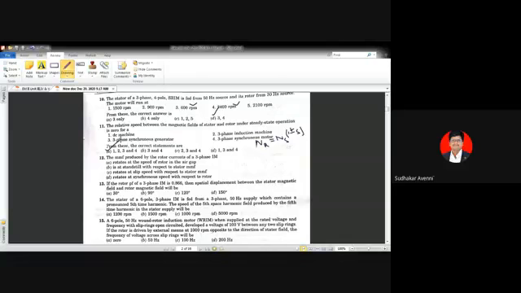What is the question here? The MMF produced by the rotor means the rotor magnetic field. The rotor magnetic field in the case of a 3-phase induction motor is at standstill with respect to stator MMF. It means the relative speed between the stator magnetic field and rotor magnetic field is 0, so the rotor magnetic field is always stationary with respect to stator MMF. So for the 12th one, B is the right option.